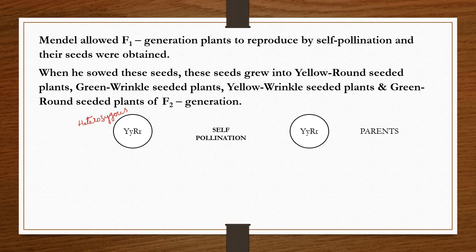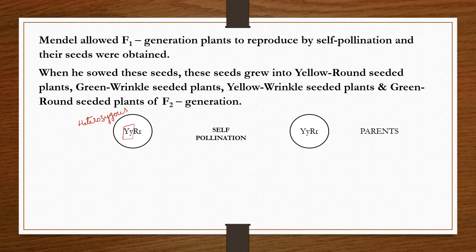When he self-pollinated these heterozygous F1 individuals, we can see there are two different types of characters. Capital Y, small y: capital Y represents yellow and small y is green.